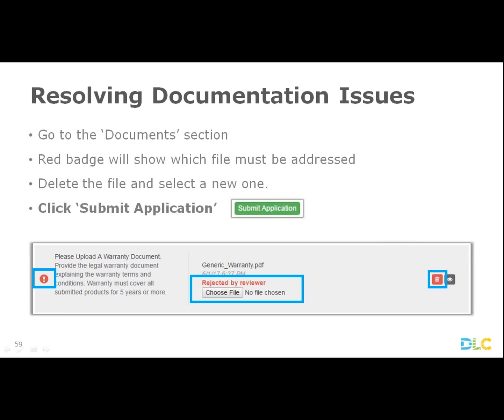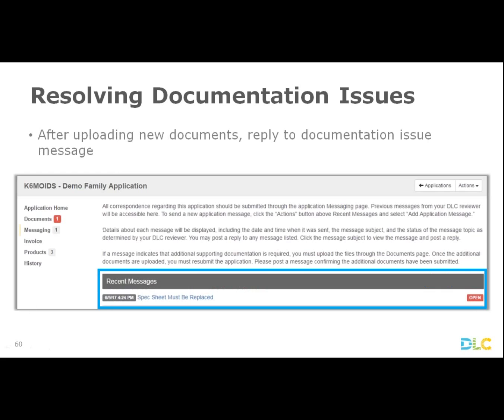The DLC reviewer will rely on that notification. They'll be prompted to know that you've replaced the document and they need to review it. As soon as you've replaced that document, reply to the reviewer to make sure that they know that the document has been replaced.